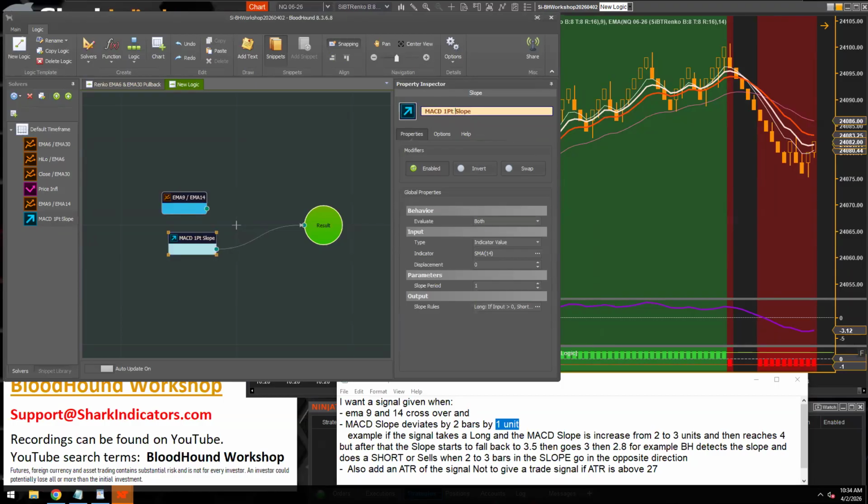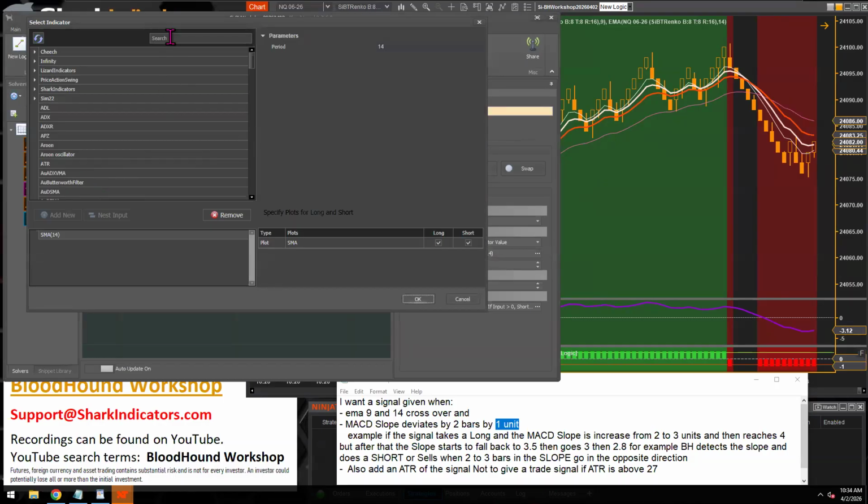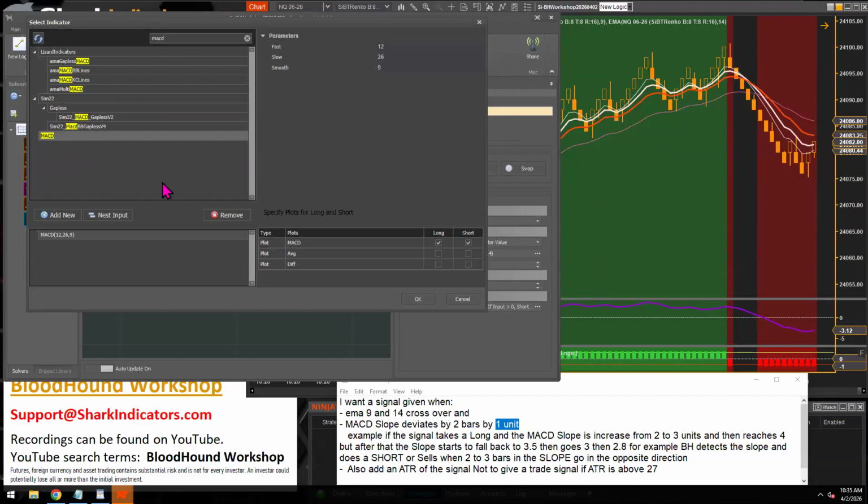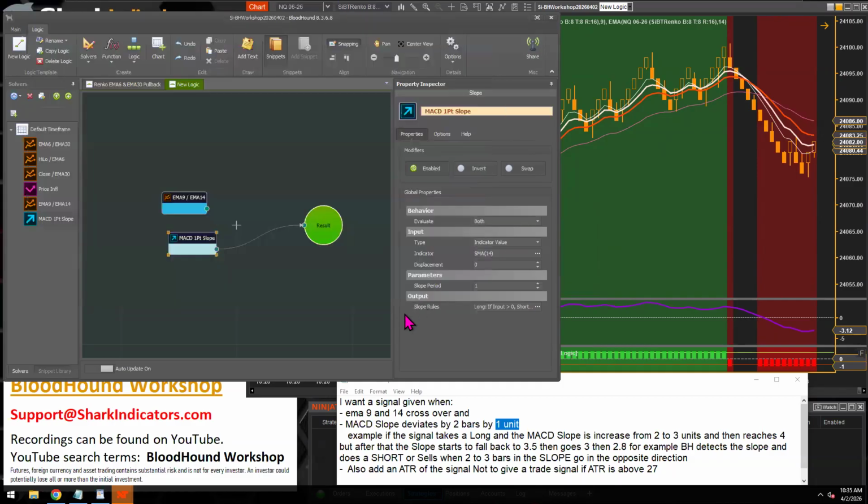All right. So let's plug in the MACD here for the input. All right, there's our MACD, and we're just going to go with the default periods here, and we are looking at the MACD line, so that's already selected, so we can click OK.